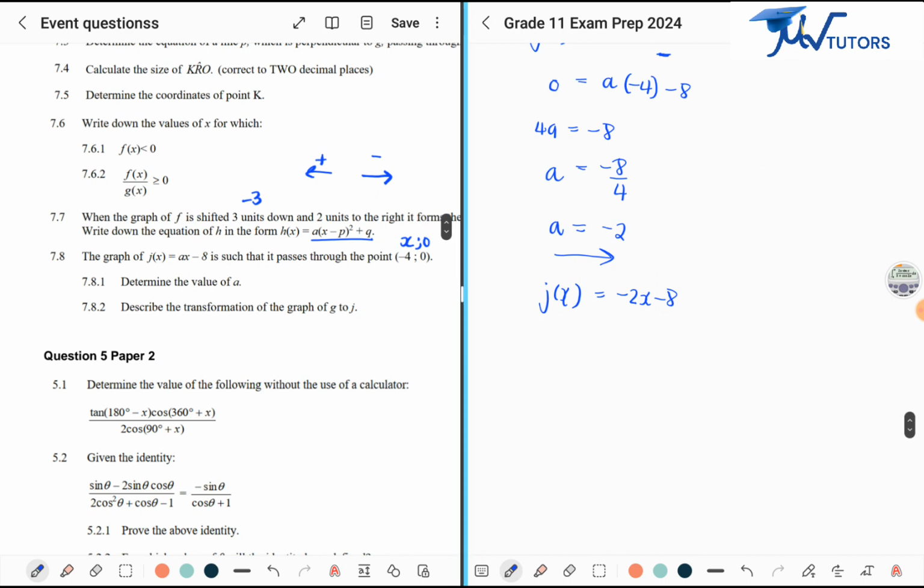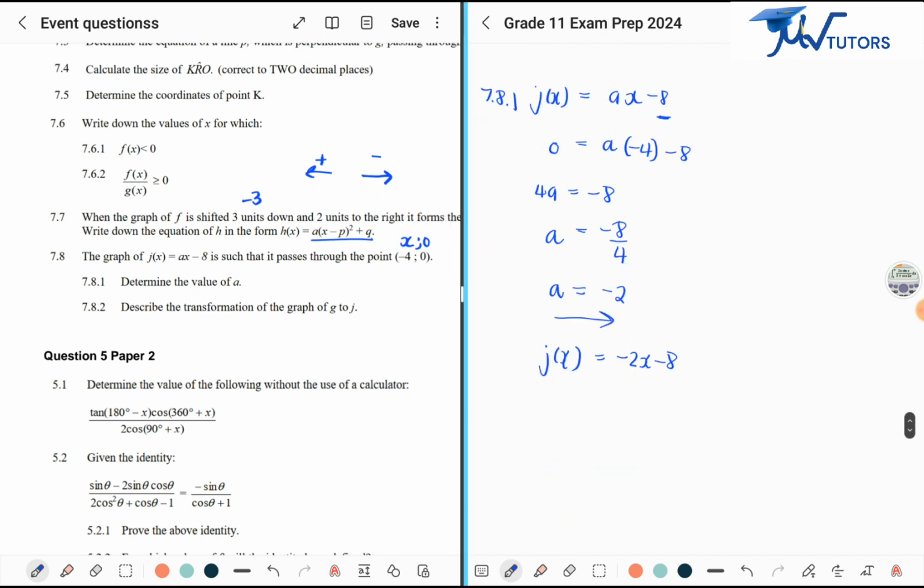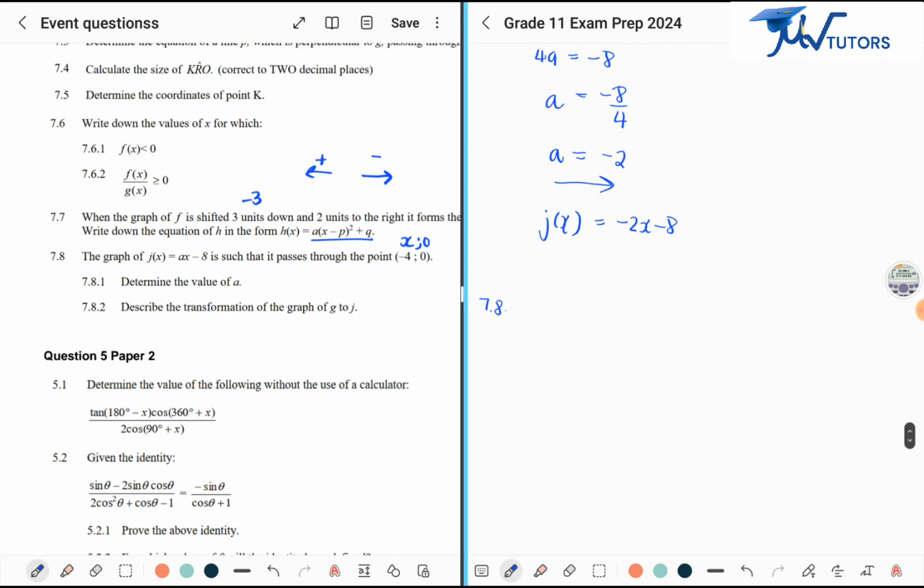And then 7.8.2, they say describe the transformation of the graph from G to J. Okay, what was G again? G was a half x.